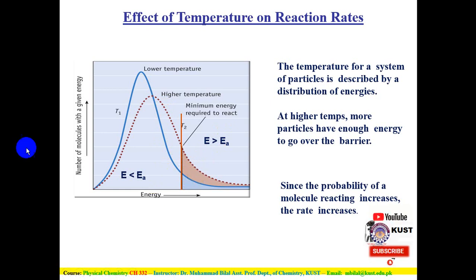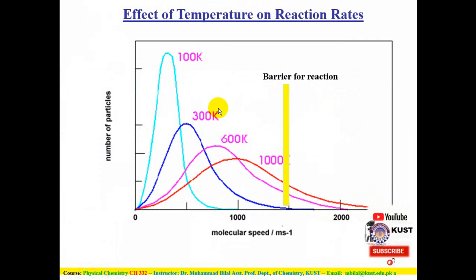So the rate of the reaction will be increased, because a large number of molecules have sufficient energy to cross the activation energy barrier. Here in this graph we represent how, with the increase of temperature, the maximum distribution of energy of molecules is shifted.